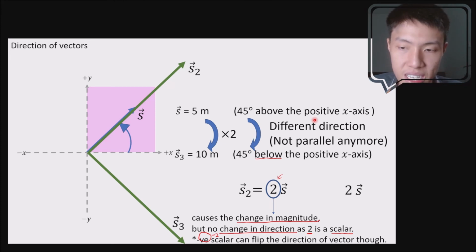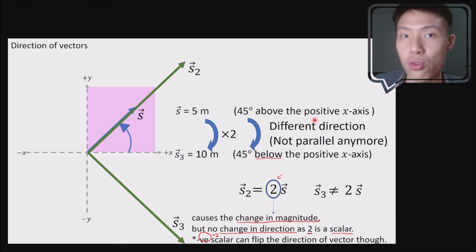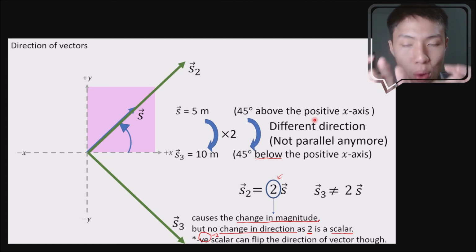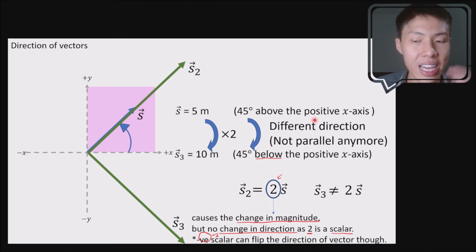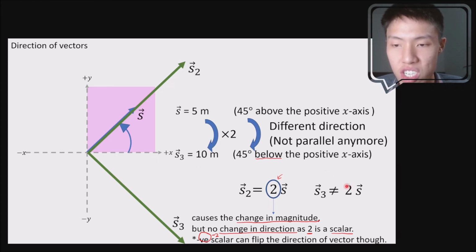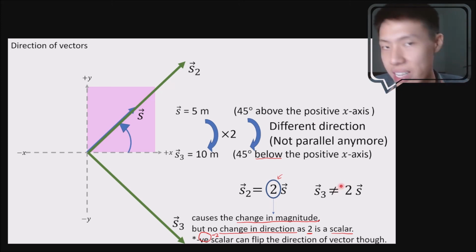So in this case, if you want to express the relationship between S subscript 3 and S, you can no longer say that it's equal to 2S anymore. Even though the length of S subscript 3 is actually twice of S, because the direction is not the same, you cannot just put them equal to each other. Okay, you have to consider the direction also.